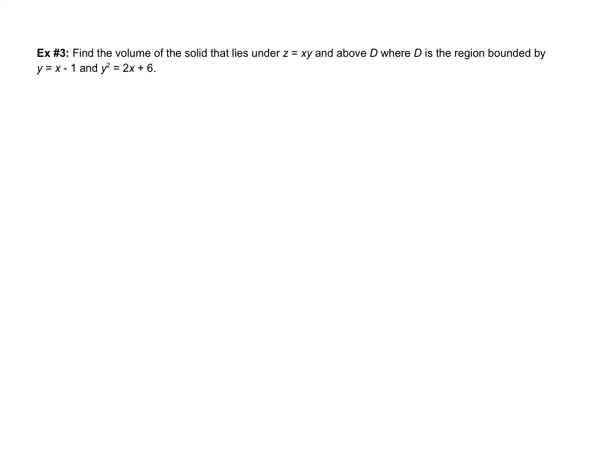Find the volume of the solid that lies under z equals xy and above D, where D is the region bounded by those two equations. So let's start by drawing our region D. So we have a line, and then this is going to be a parabola opening sideways.